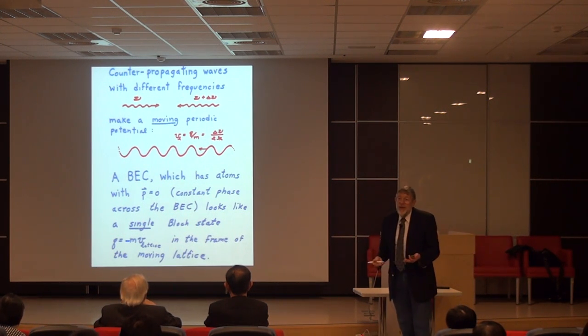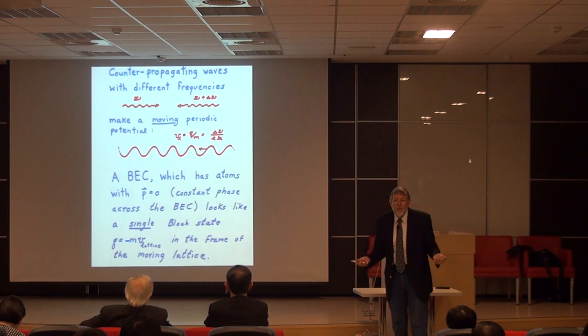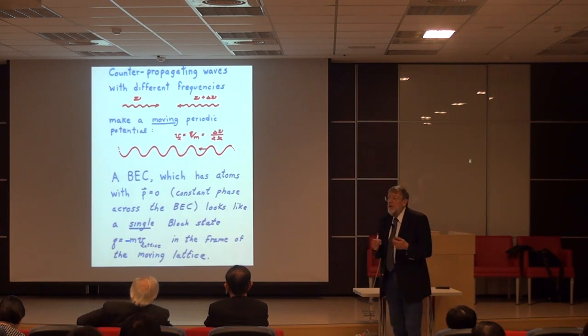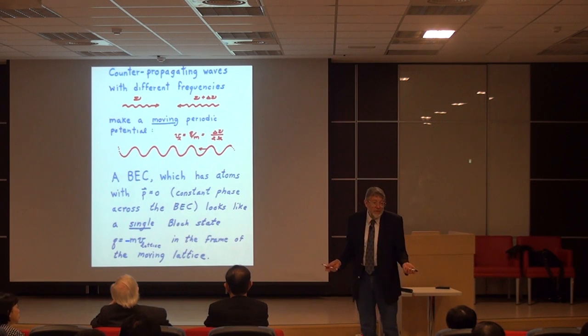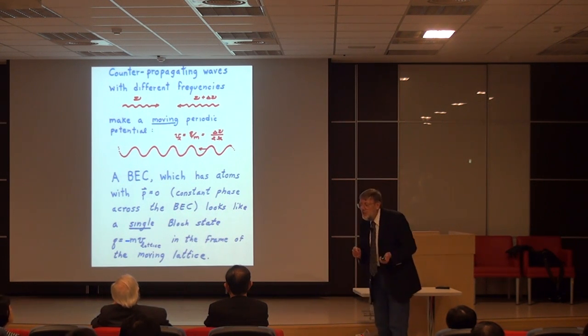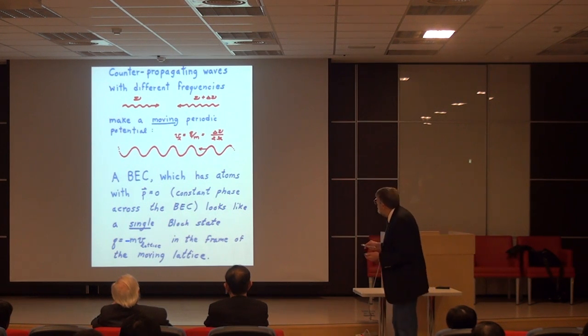So the quasi-momentum was 0, and that's the Bloch state that I got. But what if I want some different Bloch state, some other quasi-momentum? Well, I could move the atoms relative to the lattice, and that would give me a different quasi-momentum. But it turns out it's easier to move the lattice compared to the atoms.